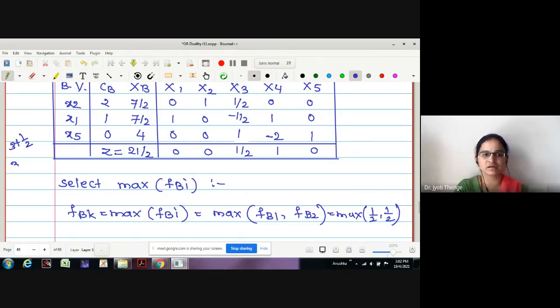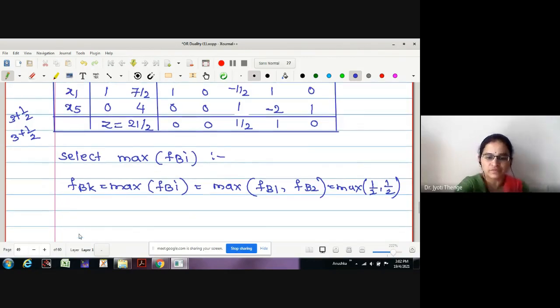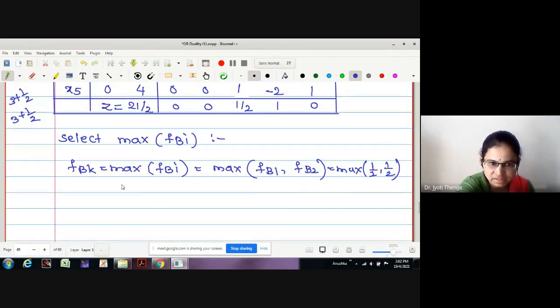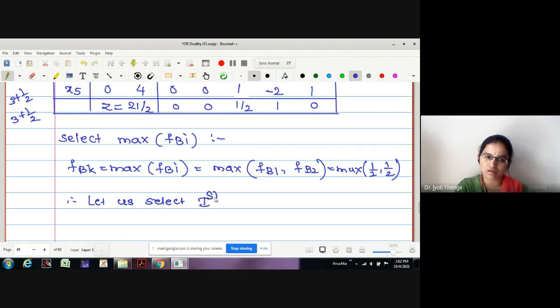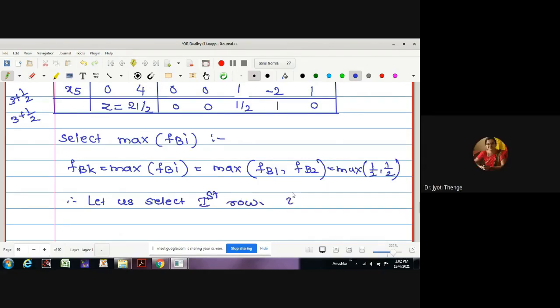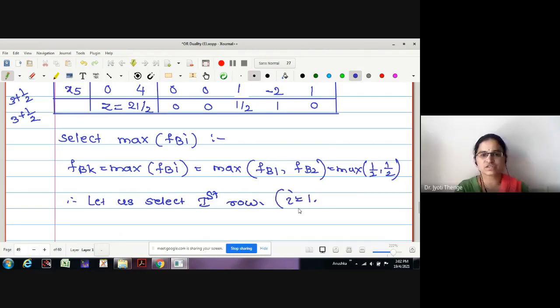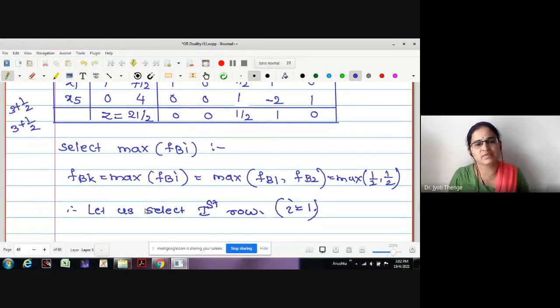Therefore, both values are the same, so one can select any equation for the construction. Let us select the first row, which means i equals 1. Both fractions have the same value.